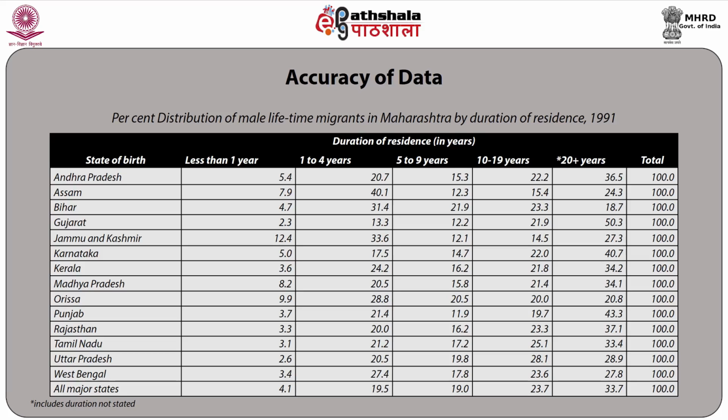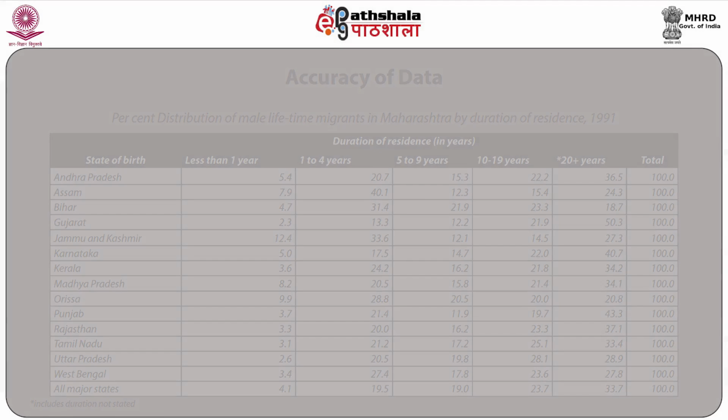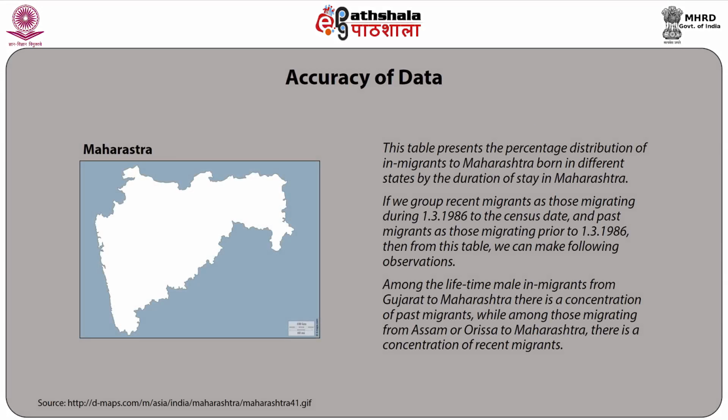This table presents the percentage distribution of in-migrants to Maharashtra born in different states by the duration of stay in Maharashtra. If we group recent migrants as those migrating during 1st March 1986 to the census date and past migrants as those migrating prior to 1st March 1986, then from this table we can make the following observations.